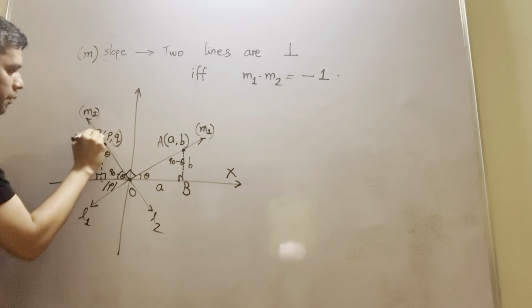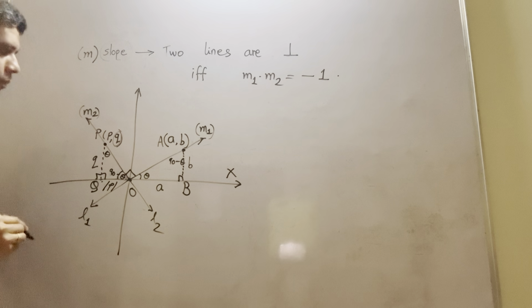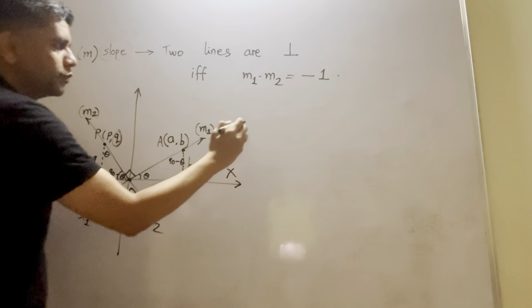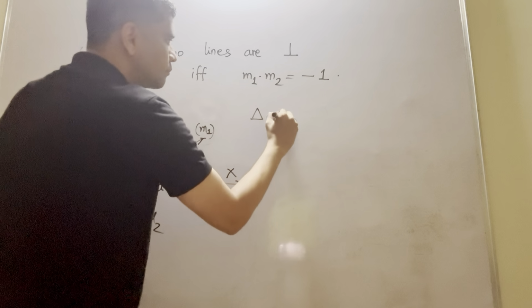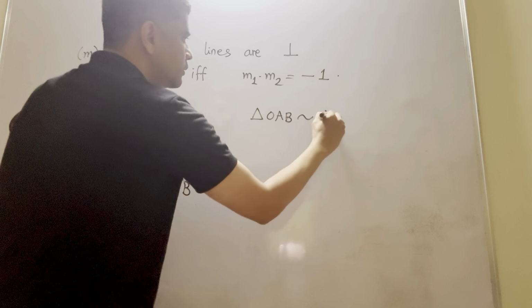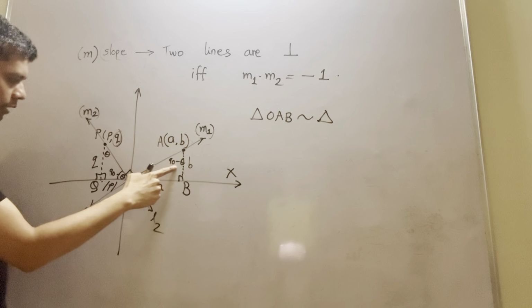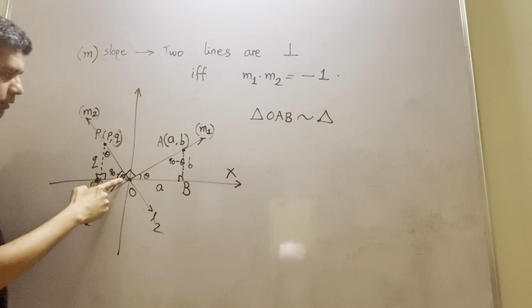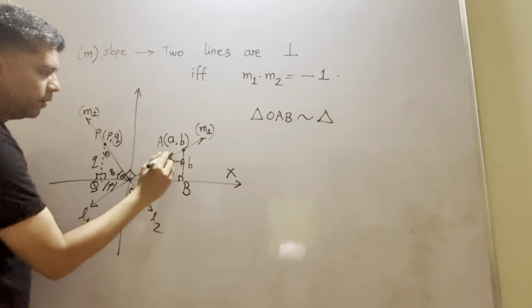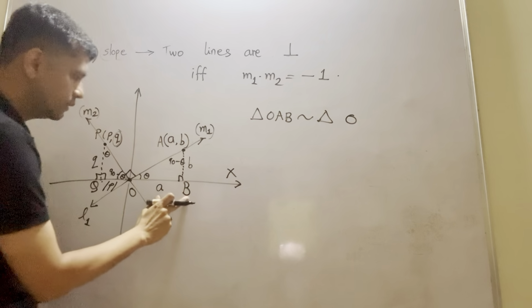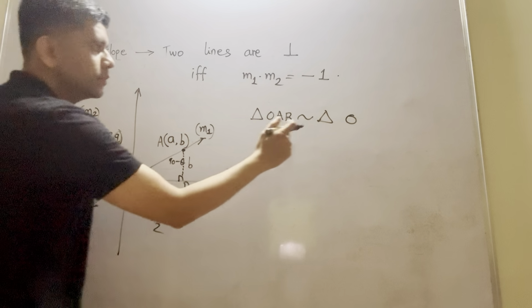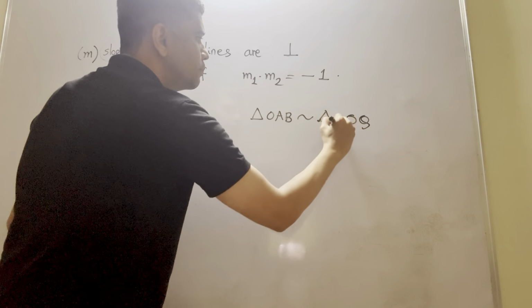this is P, and this is Q, suppose capital P, capital Q, then we can observe that triangle OAB is similar to triangle. Now this is 90 minus theta, and this was also 90 minus theta. So here point A will correspond to point O. Then this is 90, which is B, this is 90, which is Q, and this is P, right?